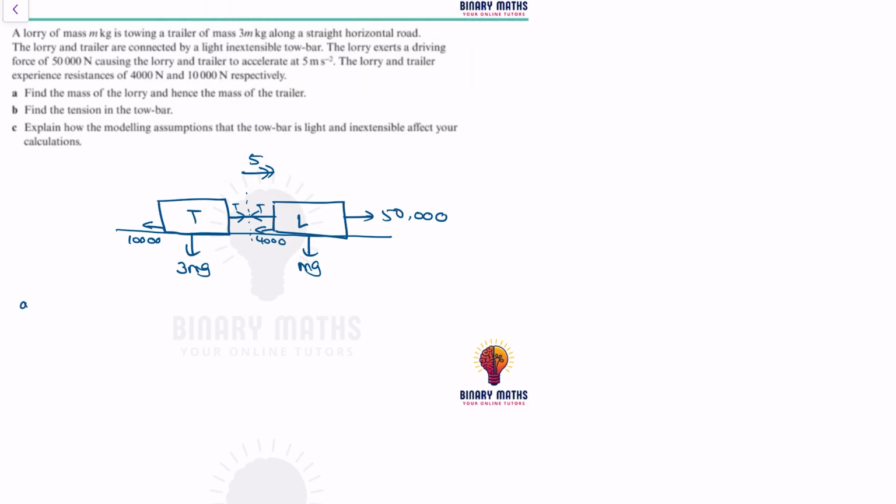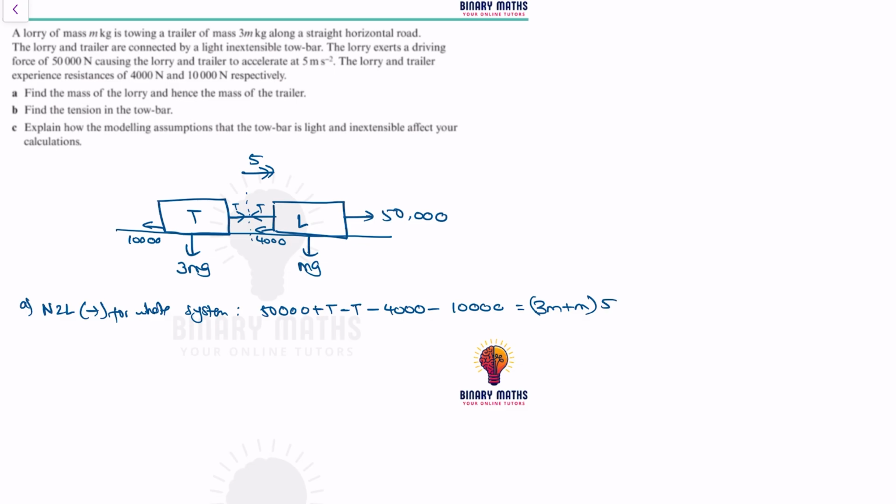Okay, let's apply Newton's second law to the whole system. Then 50,000 plus T, take away T, take away 4,000, take away 10,000, must be equal to mass, which is 3m plus m, times acceleration, which is 5.